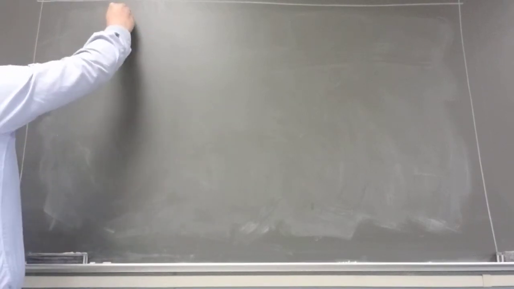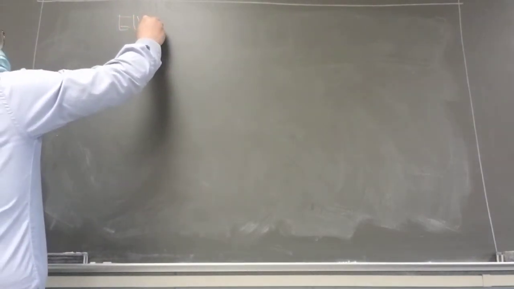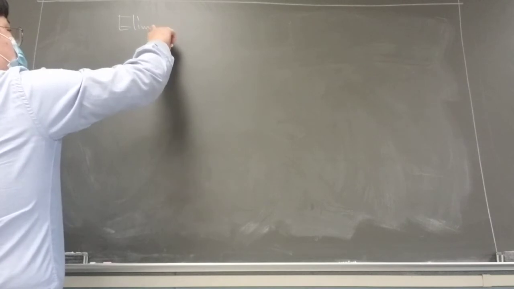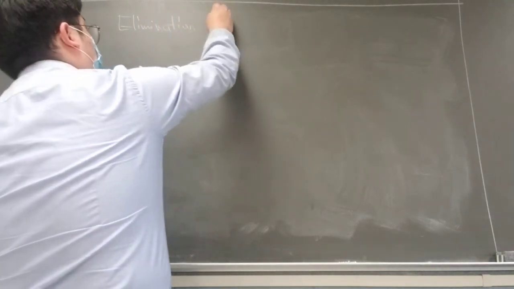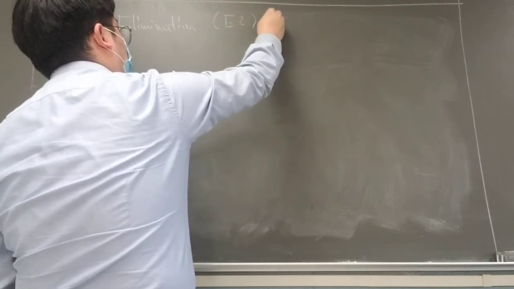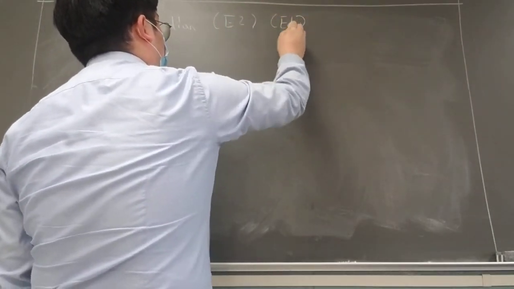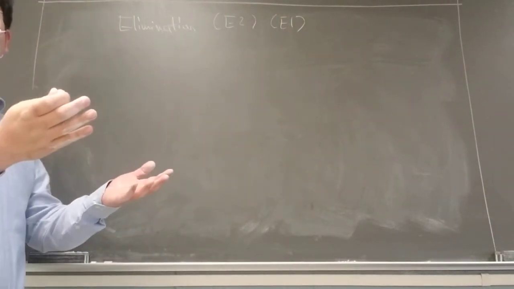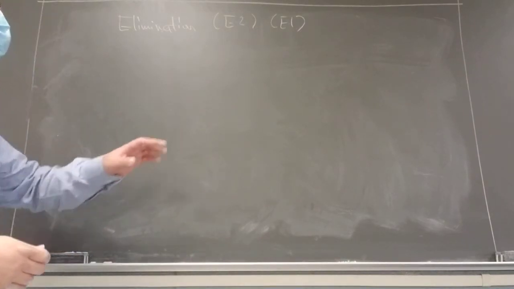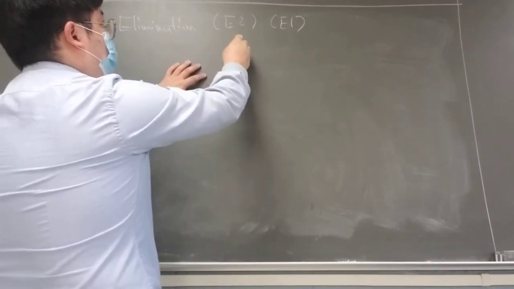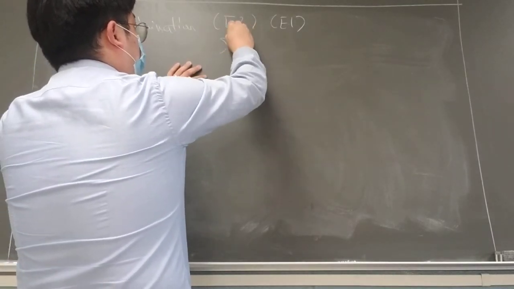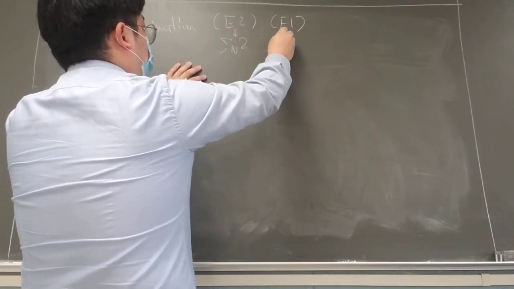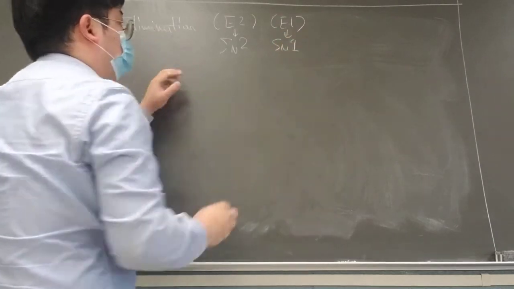So whenever we have elimination here, this one also has E2 and E1. But the textbook covers SN2 and SN1 first because E2 is really similar to SN2, and E1 is really similar to SN1. I'll tell you why.